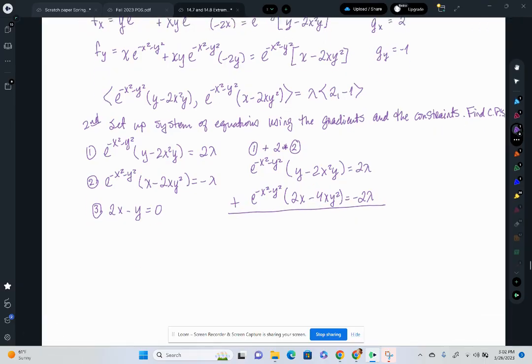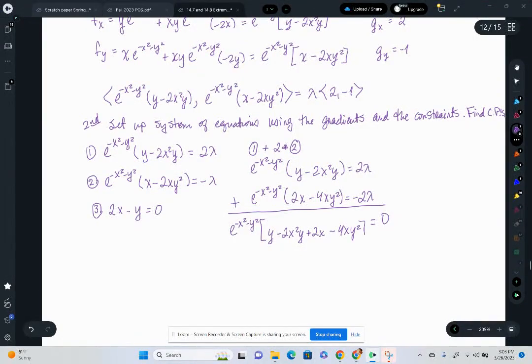Okay? So when I add these, on the right-hand side, I have 2 lambda minus 2 lambda, so I get equals 0. On the left-hand side, I'm going to factor out an e to the minus x squared minus y squared, and then add the terms that are inside. So it's y minus 2x squared y plus 2x minus 4xy squared.